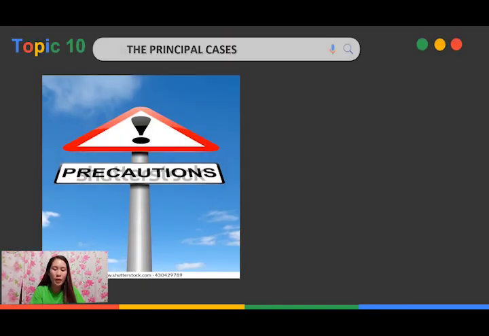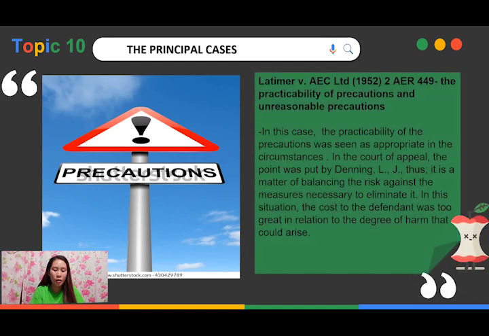Latimer v. AEC Ltd., 1952, 2 AER 449. The practicability of precautions and unreasonable precautions. In this case, the practicability of precaution was seen as appropriate in the circumstances.